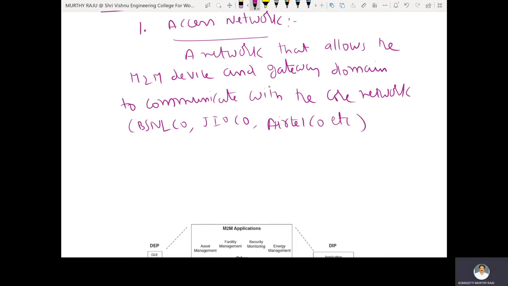Some access networks: a network that allows the M2M device and gateway domain to connect with the core network.